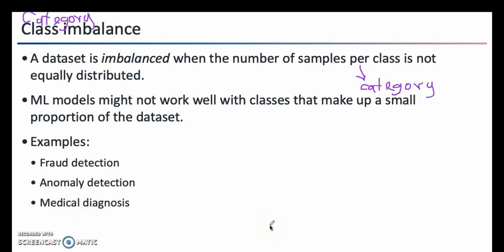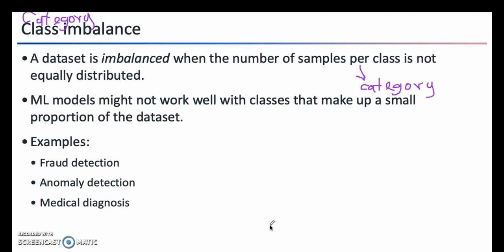So an illustration for imbalanced classes may be a scenario of fraud detection, for example, fraud detection in credit cards. Most of the credit card transactions are not fraud, and only a handful of transactions would be classified as fraud transactions.